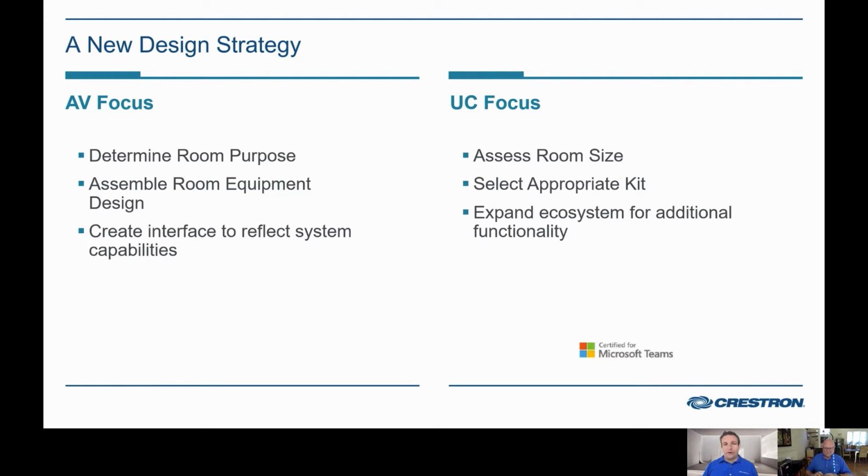So one of the great things that Microsoft has done is sort of put a blueprint down of room sizes, and vendors have built appropriate kits for these rooms, and that's what we've done at Crestron. And we class these as small, medium, large, and custom spaces. And then they have the right camera technology, the right audio technology to fill that space for that room. So moving forward, it's much, much easier to deploy and plan rooms moving forward.